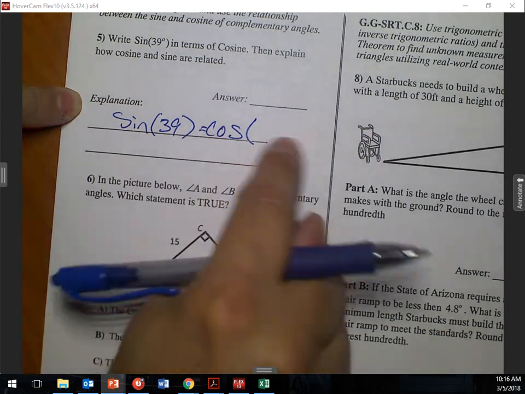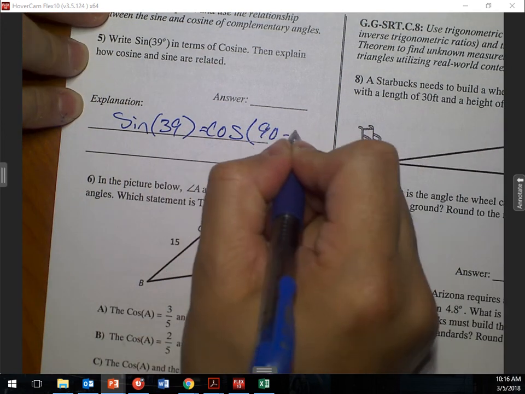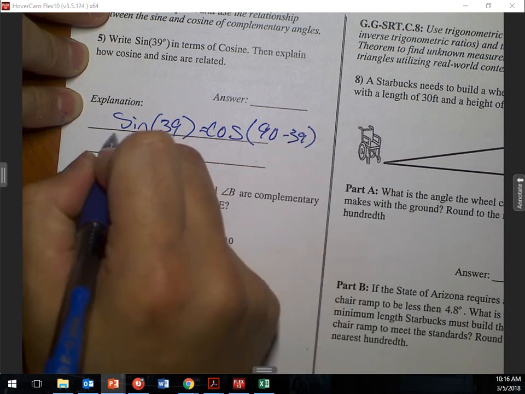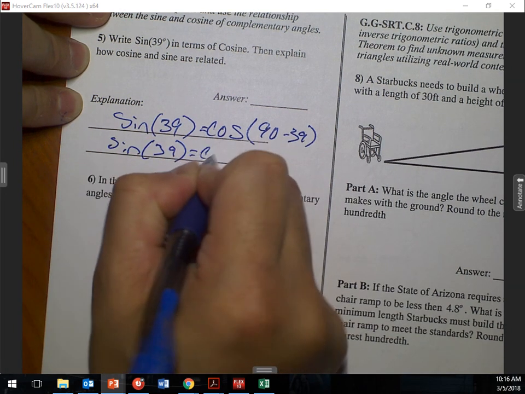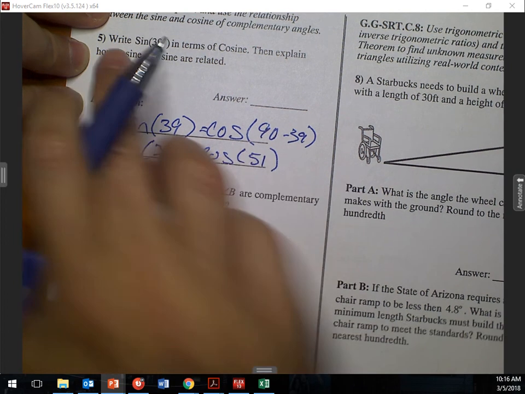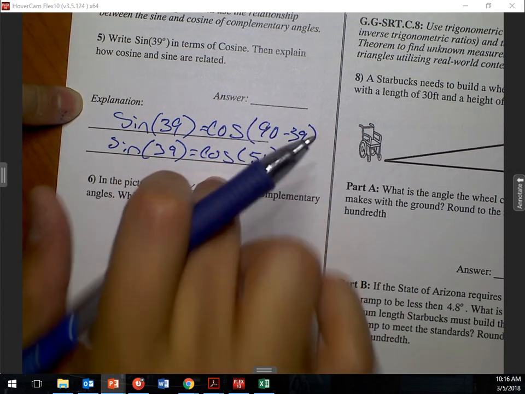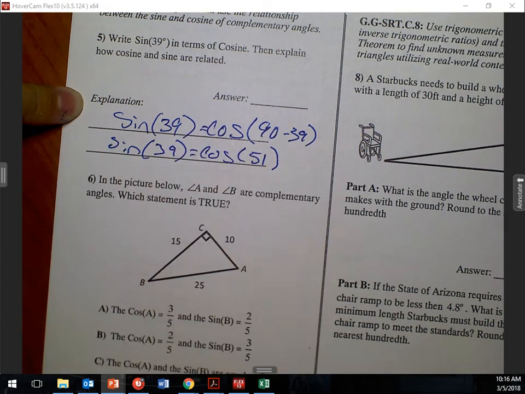What numbers go here? 90 minus. Very good. So it's 90 minus 39. So it's going to be sine 39 is equal to the cosine of 51. And can you give me a reason? Can you give me a word that would tell me the reason why? Complementary. That's what I'm looking for.